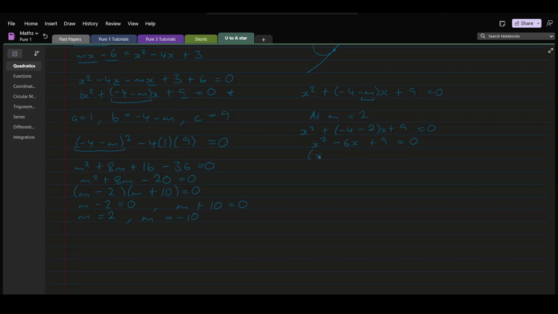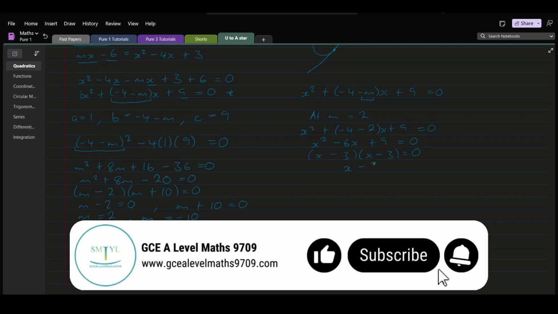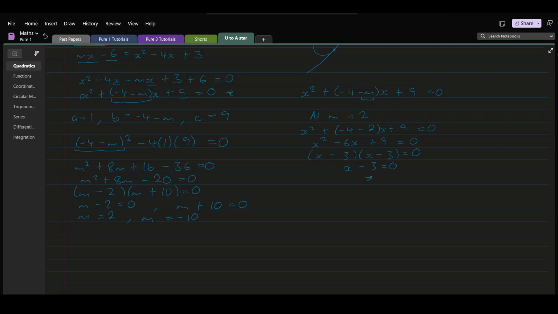If we factorize this, that would be a 3 here and a 3 here, we want to get negative 6x. So x minus 3 is equal to 0, x is equal to 3. So at m equals 2, x is equal to 3.